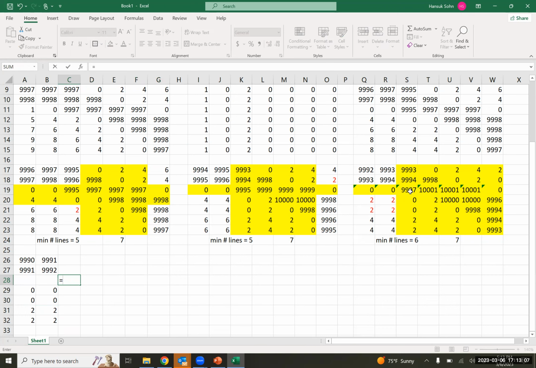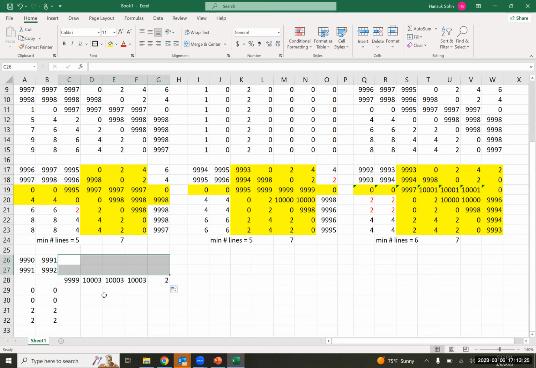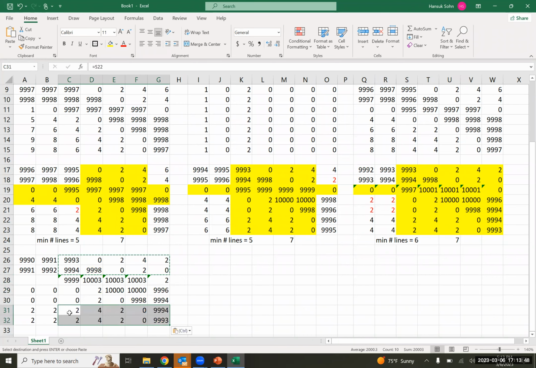That's gonna be the previous value plus the minimum uncovered cost of 2, right? Like that. And all the other areas right here and here and even here remain the same. So that's going to be just this, right? And I'm going to copy and paste it. Like that.